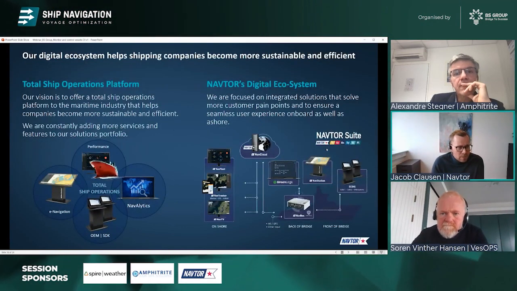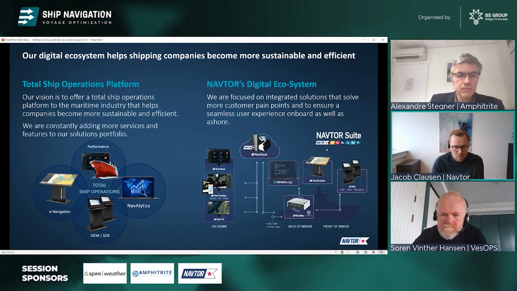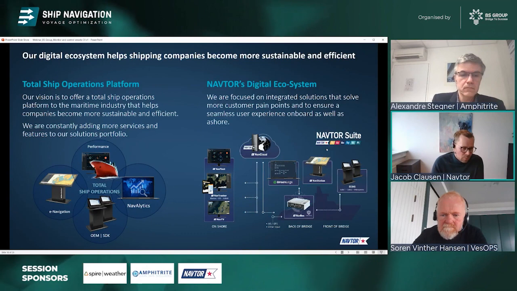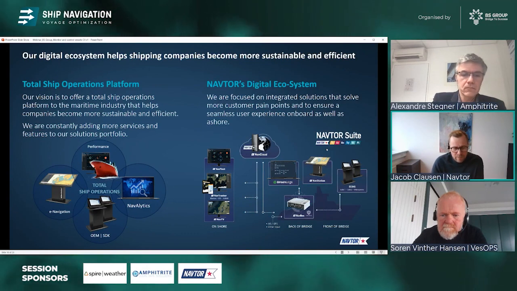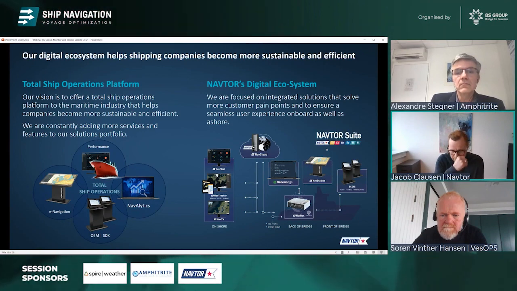Yeah, if we look at the ecosystem that we are providing, we are not only providing performance services, but also a lot of e-navigation related services, digital logbooks, etc. We have created an ecosystem where we can get all the different parts to work together.